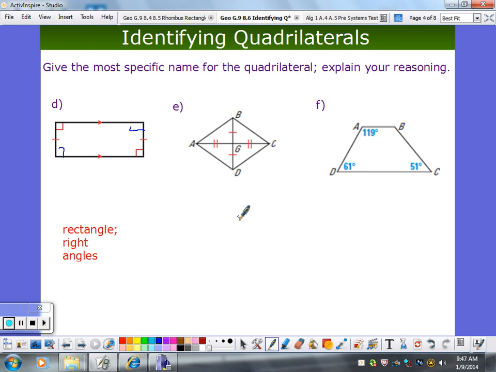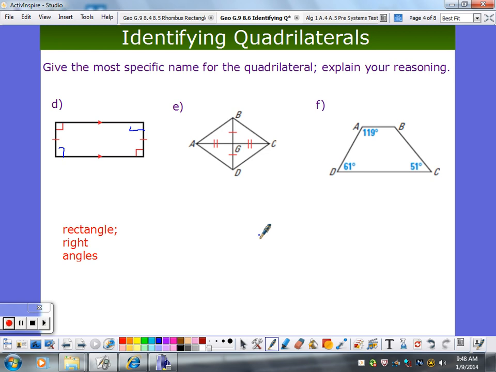What about this guy? What's the best I can do with him? What do you think? There's the diagonal, 5 centimeters. Well, that's true on any parallelogram, isn't it? What's special about the rhombus? The rhombus would say it's a right angle. Do I know that?